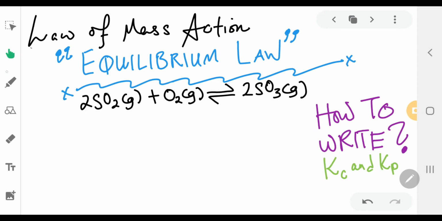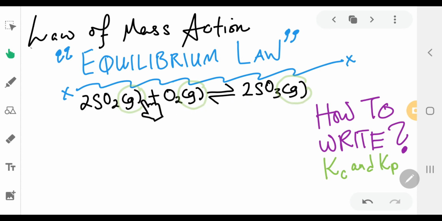The type that we have over here, since we have gas, gas, gas, these two reactants are in the same phase, which is gas. And then when you look at the products over here, they have the same phase as well.